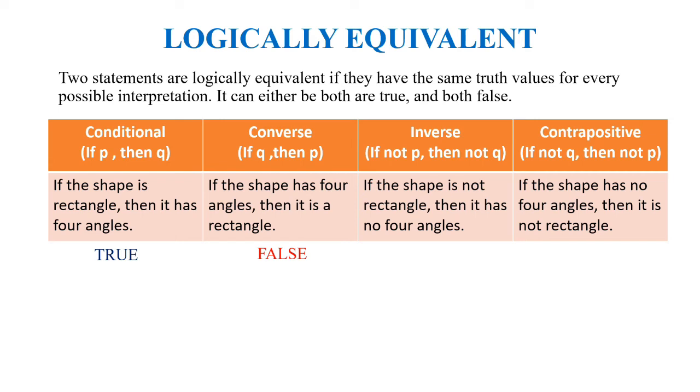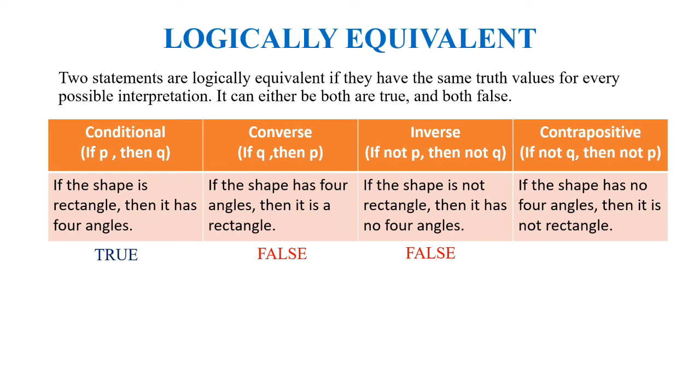And in the inverse, if the shape is not rectangle, then it has no four angles. Ayan. Meron ding ibang shape na four angles kahit hindi sila rectangle. Next is the contrapositive. If the shape has no four angles, then it is not a rectangle.